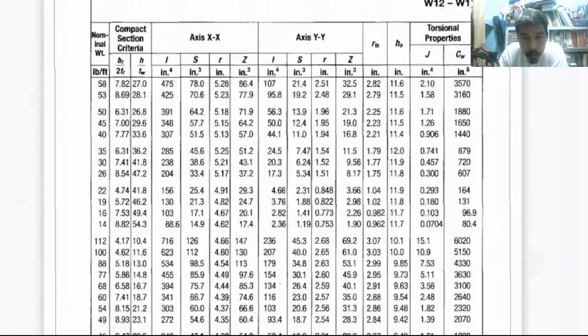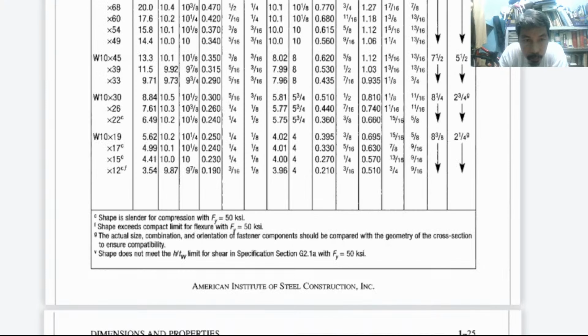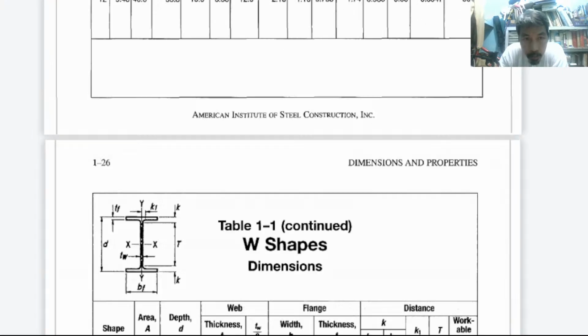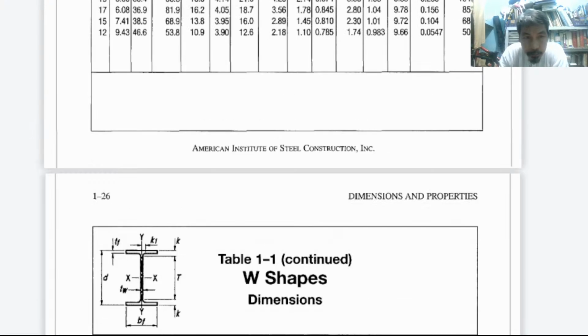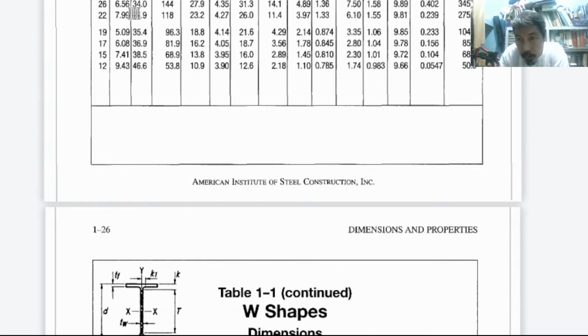Do we have the 10 by 22? This is our 10 by 22. So 1, 2, 3, 4, 5, the fifth one. We were looking at the incorrect one, so we have to look at the lower portion here. Here is 22. So this is 4.27 for Rx and 1.33 for Ry.